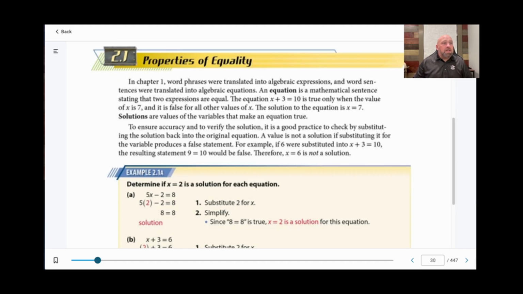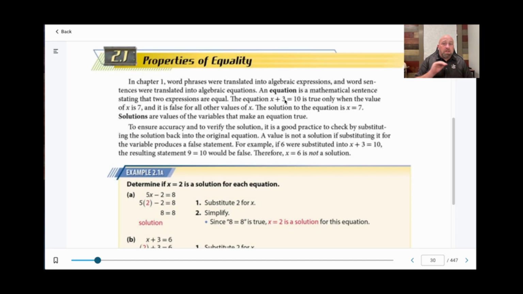An equation is a mathematical sentence that states that two expressions are equal. For example, the equation x plus 3 equals 10 is only true when the value is 7. So if x equals 7, then this is true: 7 plus 3 equals 10.